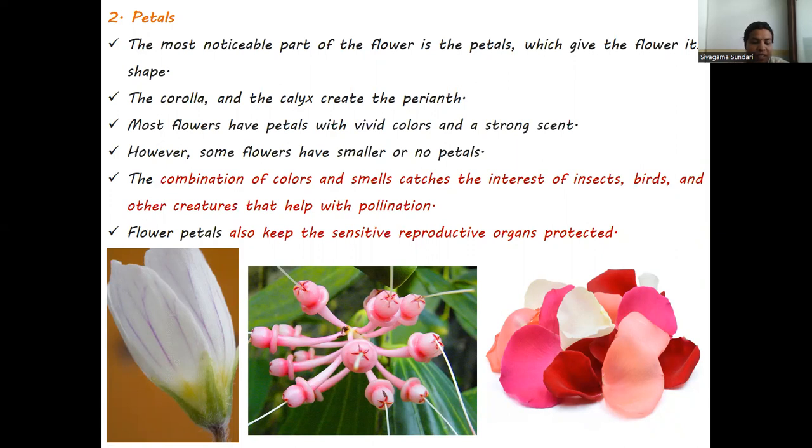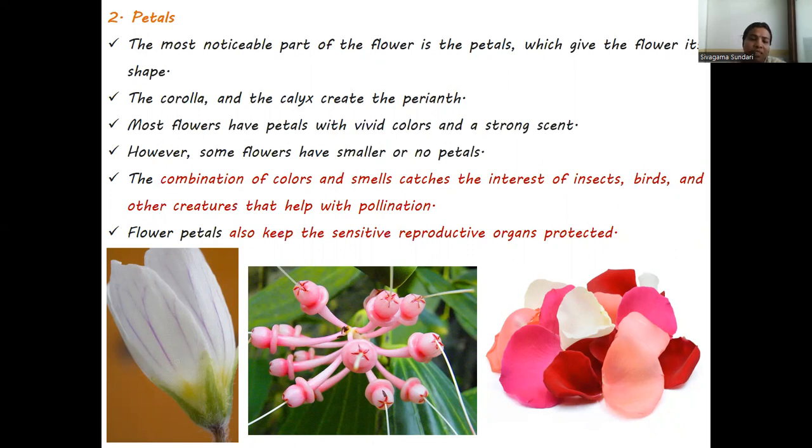Okay, the individual petals we call petals only, and together we call them the corolla. Those are brightly colored to attract the pollinators and are highly scented. As I said in the previous slide, it is not necessary that all flowers are brightly colored and highly scented.